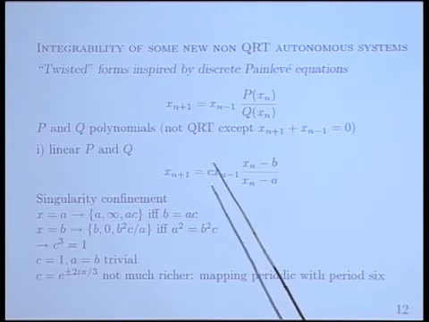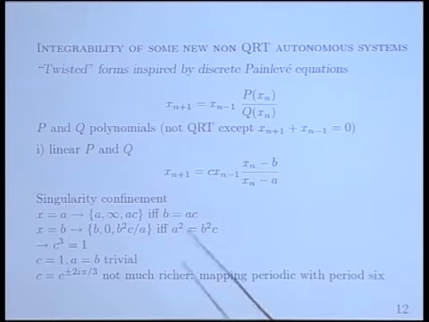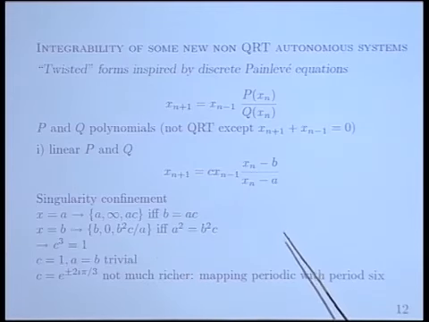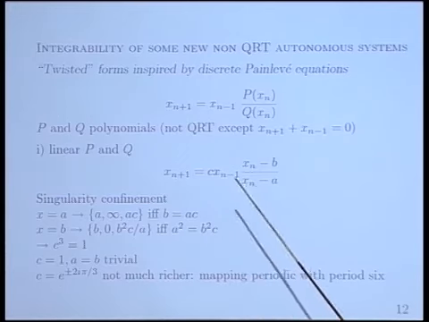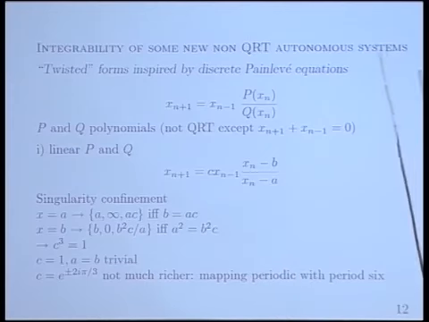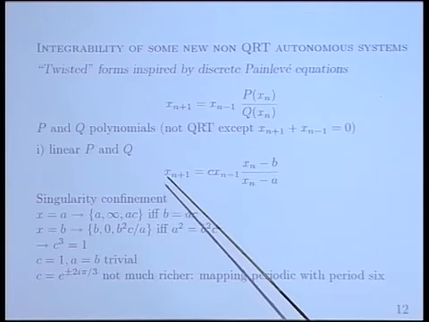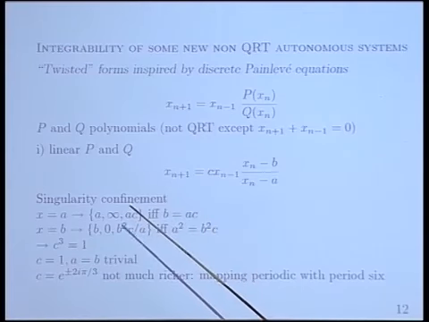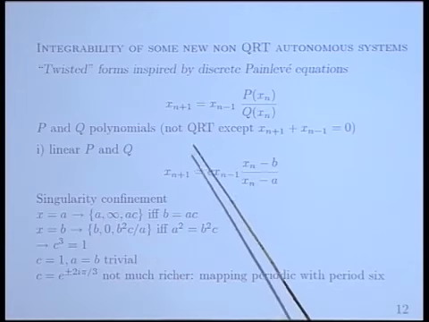Now the point is that singularity confinement was originally proposed as a necessary and sufficient condition of integrability. And in fact it has been found that it's neither necessary nor sufficient. So you can have integrable cases which are not confined and confined cases which are not integrable. Still, it's an extremely useful tool. It's neither necessary nor sufficient, but extremely useful.